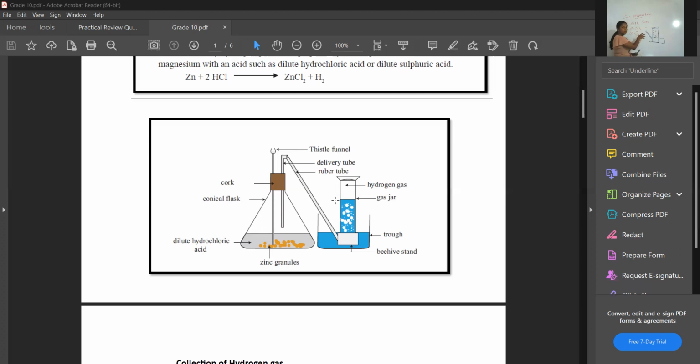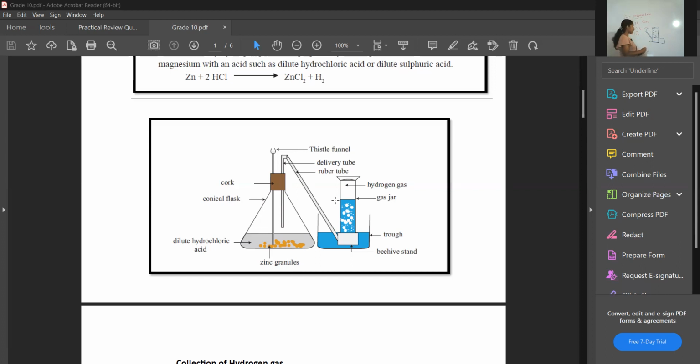When the reaction is going on inside the conical flask, the reaction between zinc and hydrochloric acid, what happens, Pute? Hydrogen gas is produced. That hydrogen gas is sent through the delivery tube to the gas jar. We know that gas is matter; it has mass and occupies space.